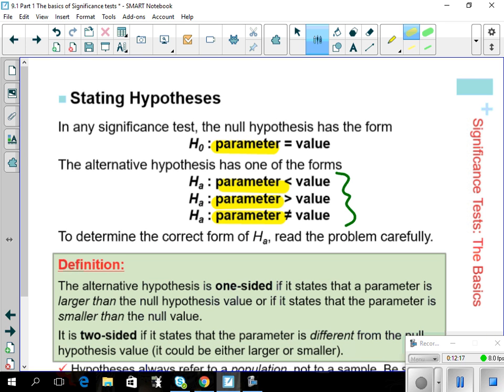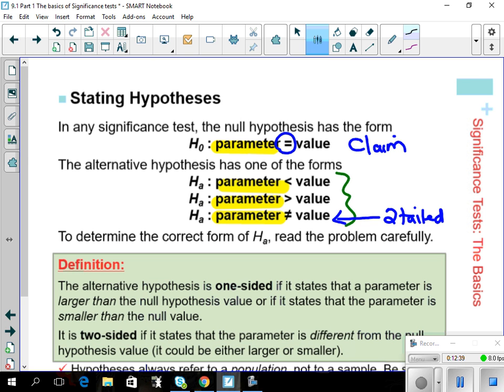All right. Then we're looking at whatever the value is. Remember how I said that always in the null hypothesis, we're equal to? It's what the claim is. This is the claim. And then you have three options. This right here, when it's not equal to, is called a two-tailed test.